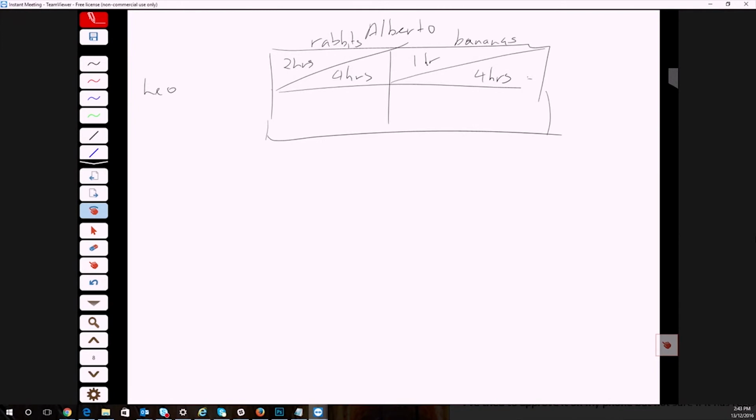We can also do the same thing if we write it in terms of opportunity costs. If we think about Alberto, what is the opportunity cost of producing a kilo of bananas?